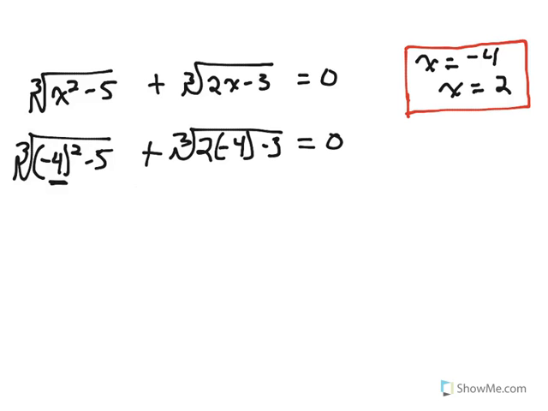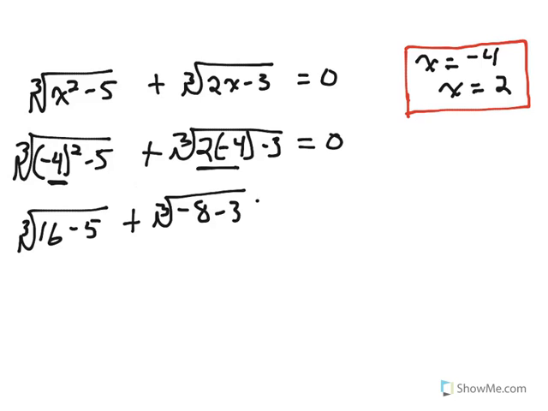Negative 4 squared is 16. Negative 2 times negative 4 is negative 8. 16 minus 5 is 11.